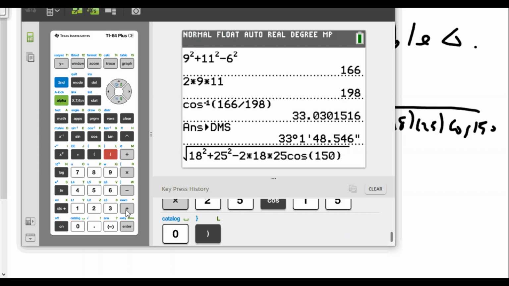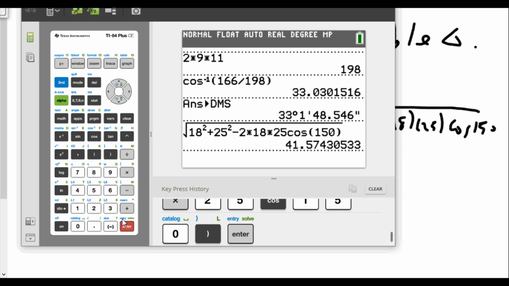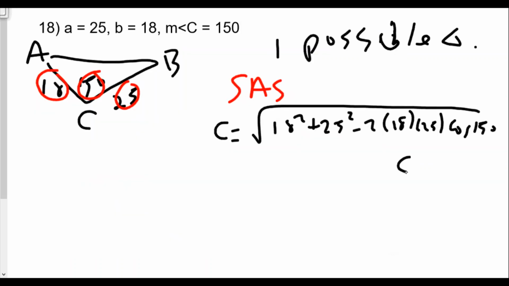And here we're going to find the value 41.57, so about 41.6. So C is approximately 41.6.